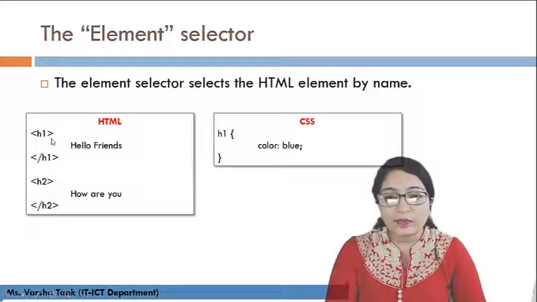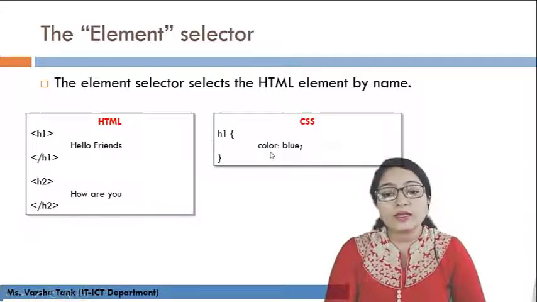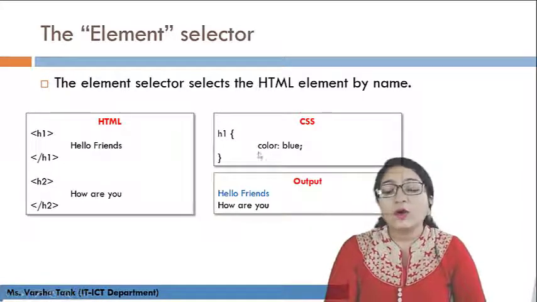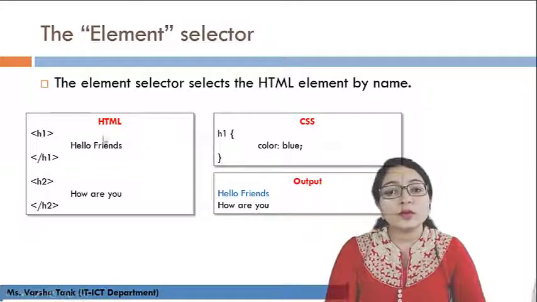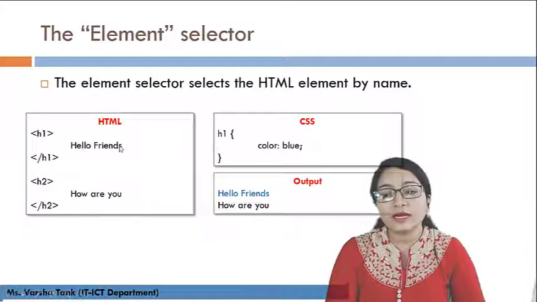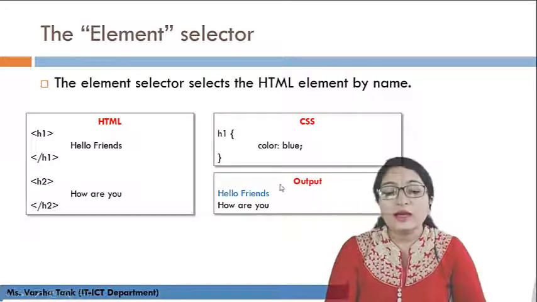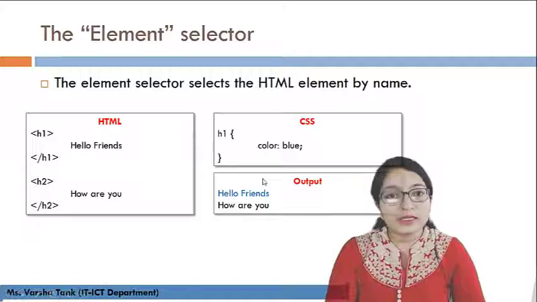So here H1 is the element and you write H1 as a selector. Here you can see the color is blue. Whenever you execute the styles, the content written in heading 1 will be in blue color. Got it? So this is the element selector.